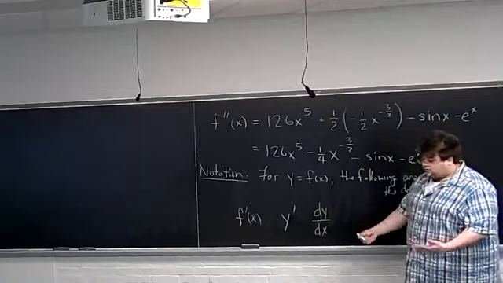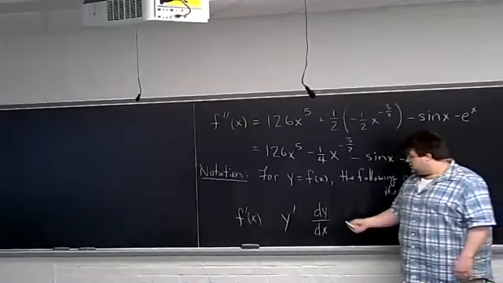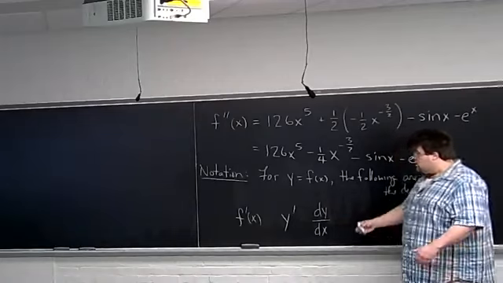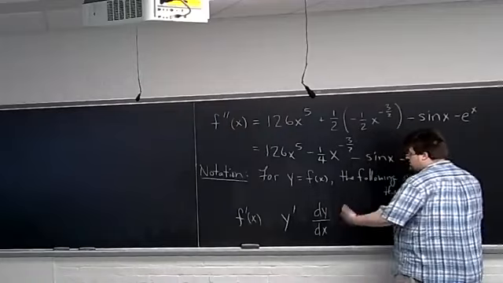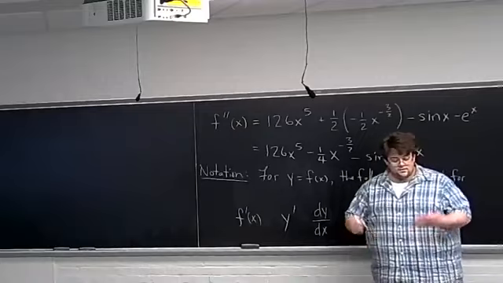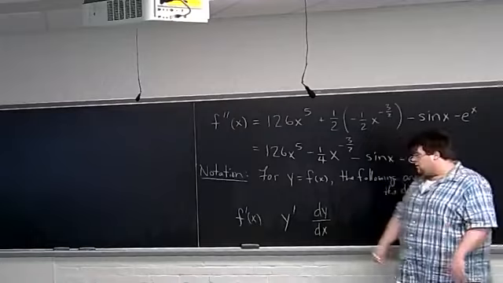One of the reasons a fractional notation is useful is because this kind of looks like a slope, some y over some x. And in the limit, the reason that this notation exists is because we can think of the derivative as a slope as an x change goes to 0.